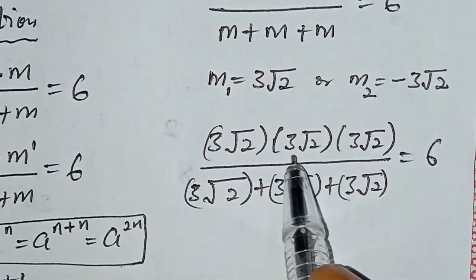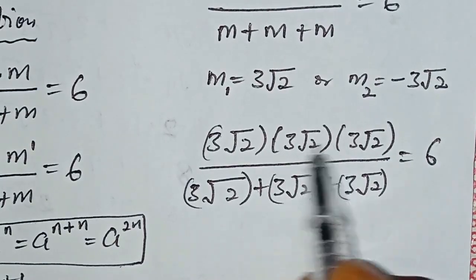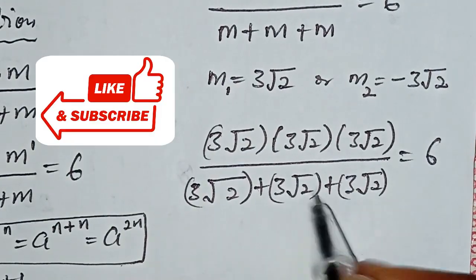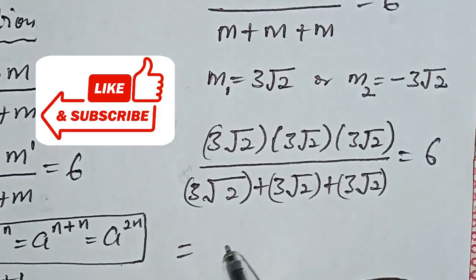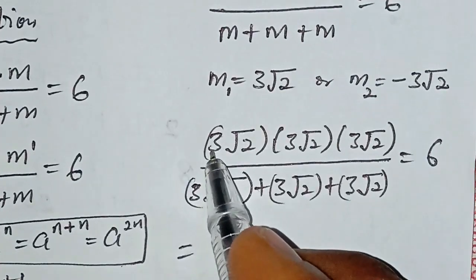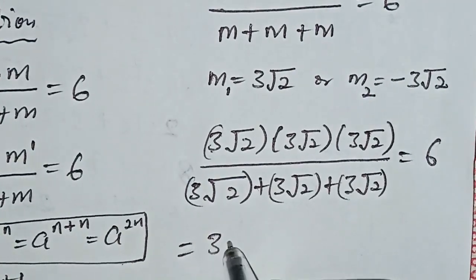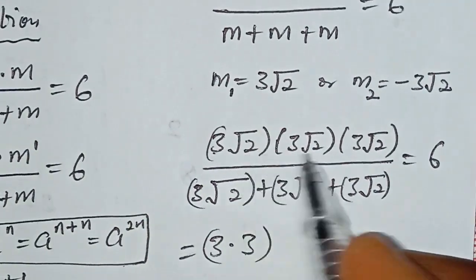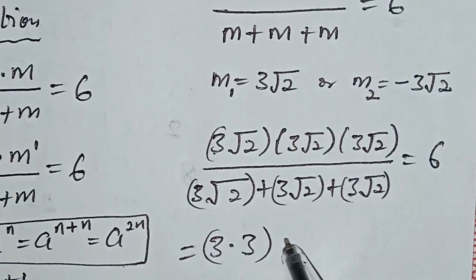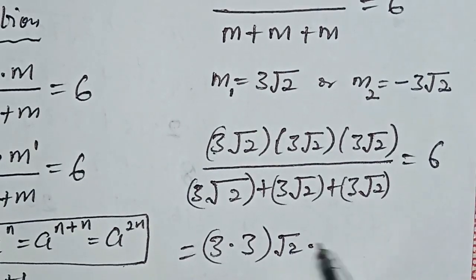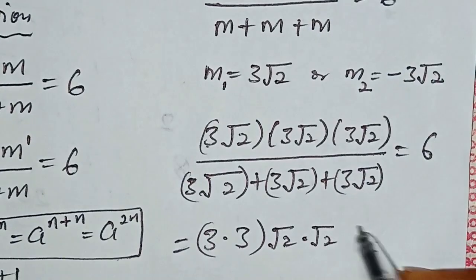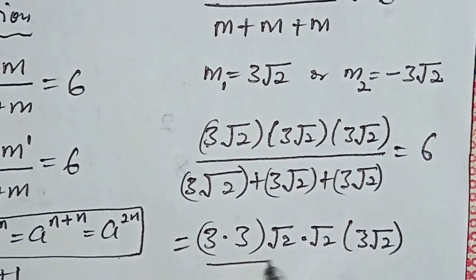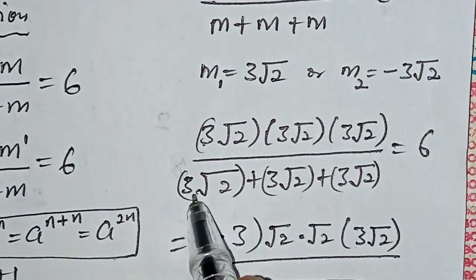Now from here, we can multiply the numerator and add up the denominator. So if we do that, we have the next step to be equal to this multiplied by this. We have 3 multiplied by 3, then square root 2 multiplied by square root 2, then we have 3 square root 2 all over this.